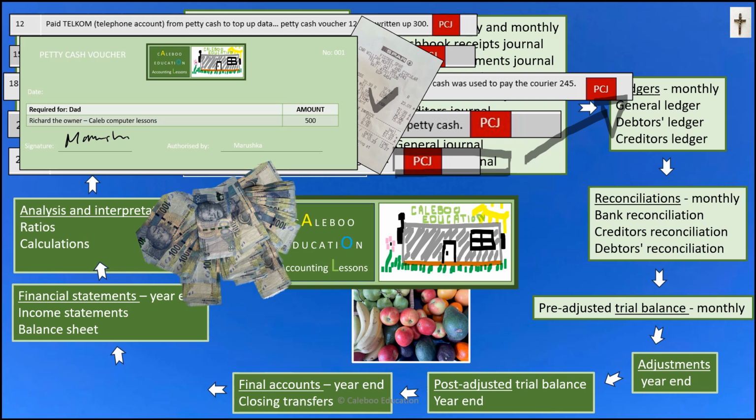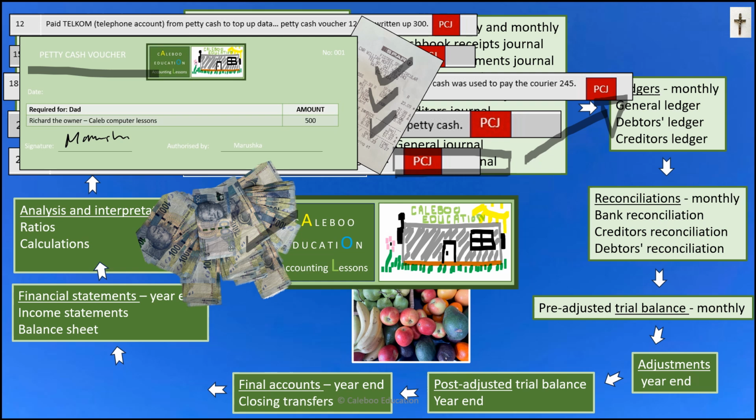So the petty cashier gives cash to whoever is buying something, and the person who bought an item needs to go back with the slip and give it to the petty cashier. This is a supporting document, the slip, which is attached to the petty cash voucher.